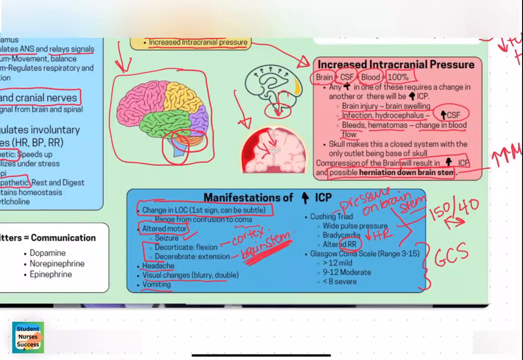And we grade these by giving them numbers, and then we transfer it to a key that tells us if we have a Glasgow Coma Scale rating of greater than 12, then we're really having mild manifestations of increased intracranial pressure. Once we get 9 to 12, it's moderate, and once we get down to 8 or less, it's severe. So the Glasgow Coma Scale is used in the clinical setting to just give us an objective assessment of intracranial pressure.